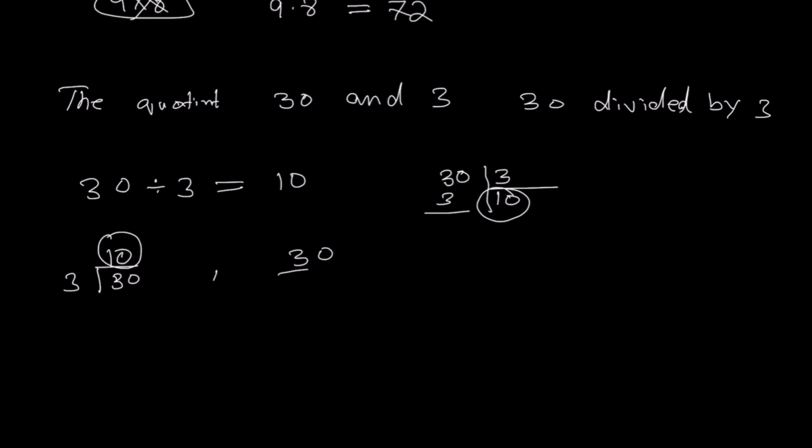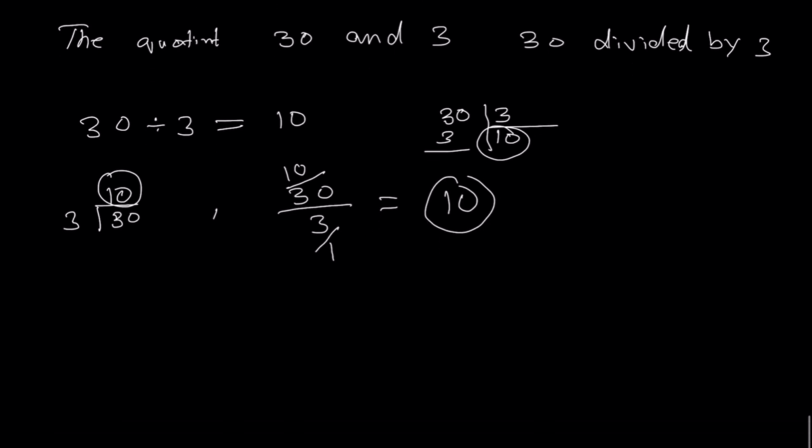I don't think we simplified fractions in an earlier lesson, but we can do it one time. We divide both the top and bottom, the numerator and denominator, by 3. 30 divided by 3 gets 10, and 3 divided by 3 gets 1, so the result will be 10. Either way you get the same answer.